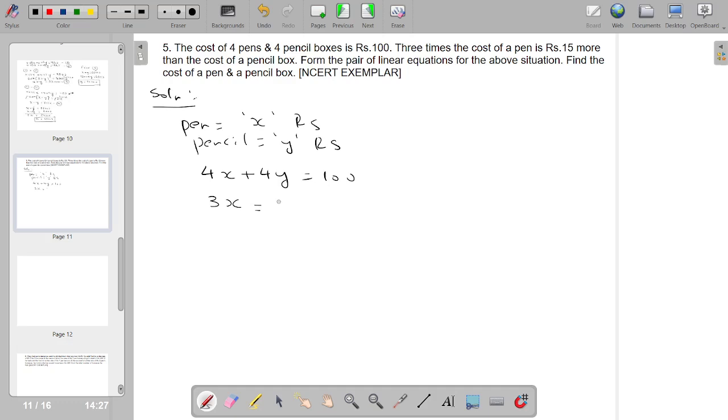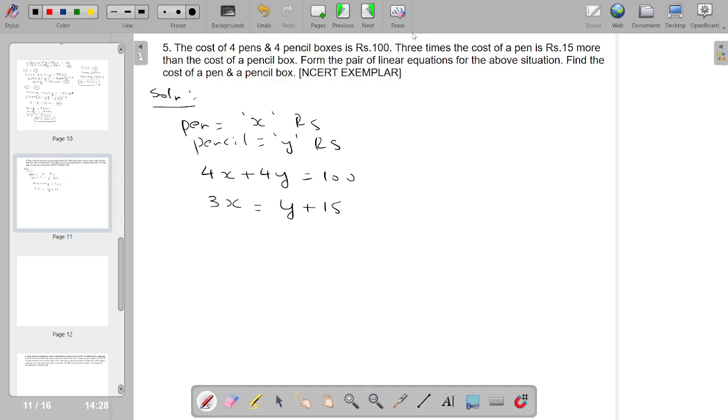What is the cost of pencil box? Y. It is saying 15 more than this. So 3 times a pen box is 15 more than the cost of a pencil box. Y is the cost per pencil box, 15 more than that. That's why I have written the plus 15.